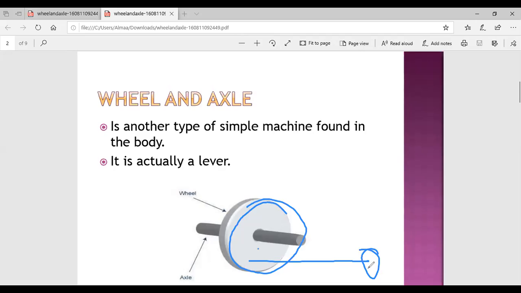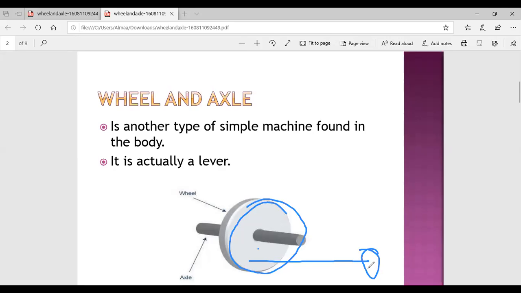So wheels and levers and all the things that we are going to study, inshallah, in the next sessions, their function is to help us to do some kind of movement when we can't do this with our hands.